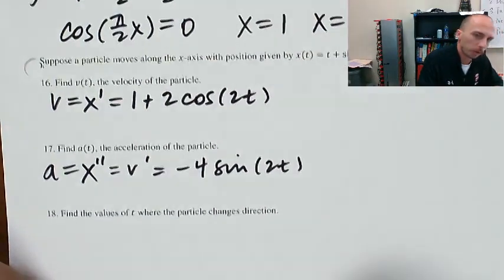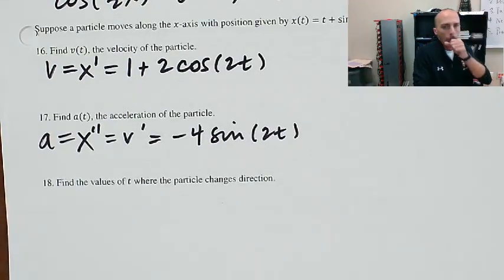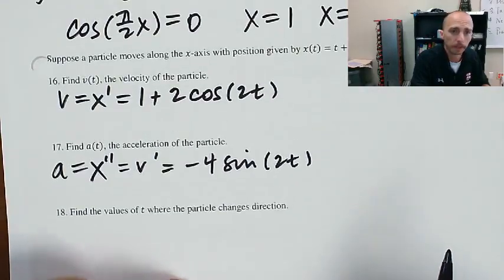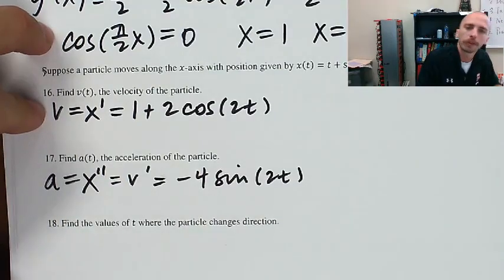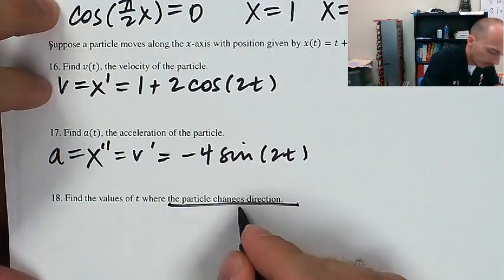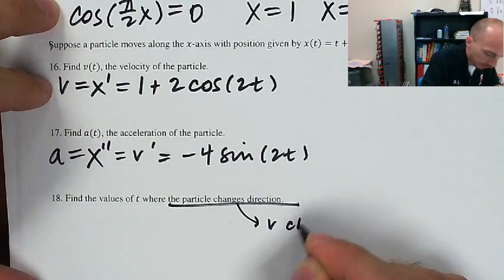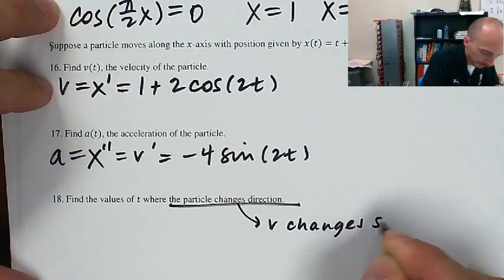Find the values of t where the particle changes direction. Notice that the domain is restricted to 0 to pi, so I'm going to keep that in mind. All right, so we want to know where the particle changes direction. That's where v changes signs.